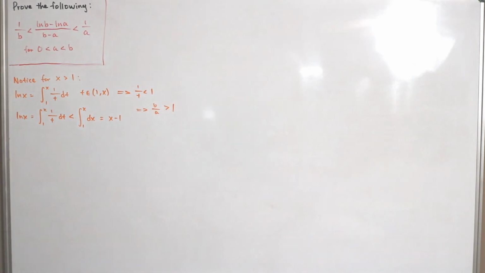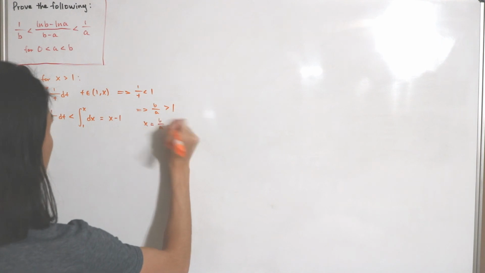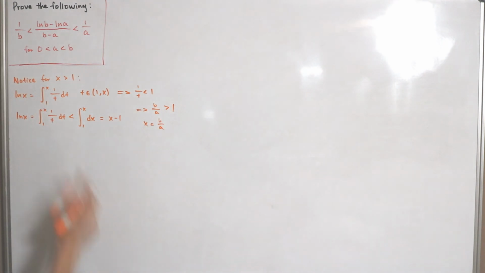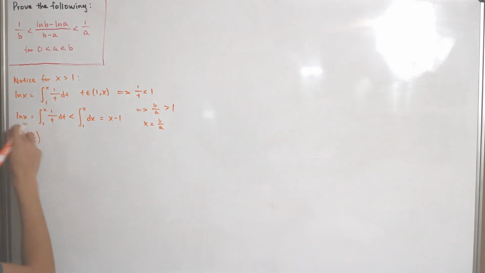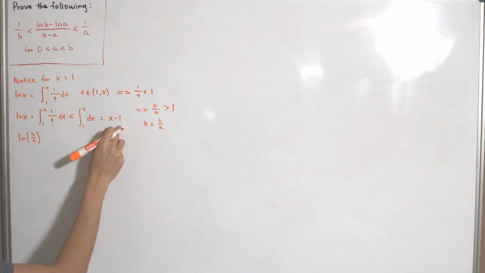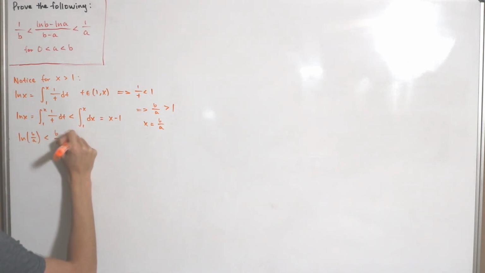Now let's substitute x equals b divided by a. The natural log of b divided by a, from the extreme left-hand side, is less than, from the extreme right-hand side, b divided by a minus 1.